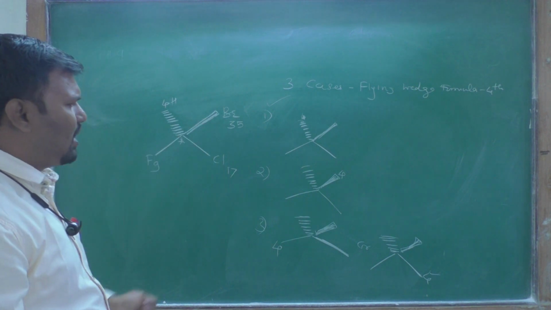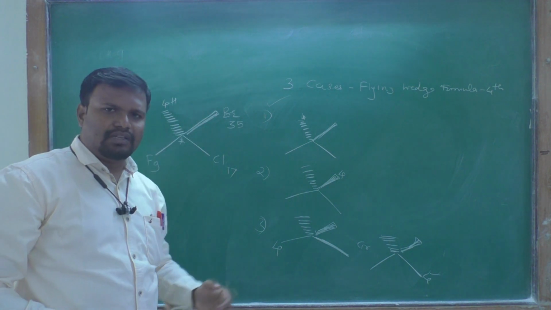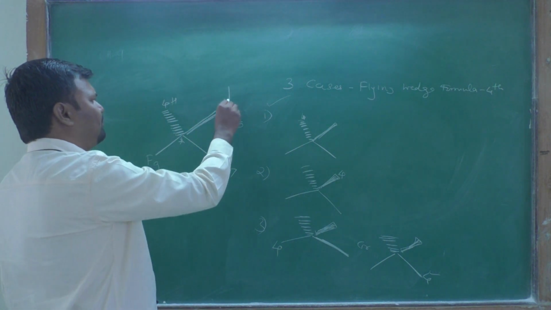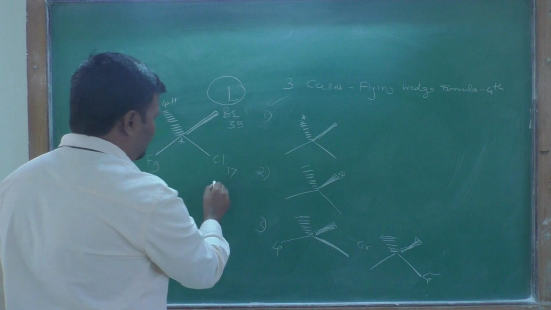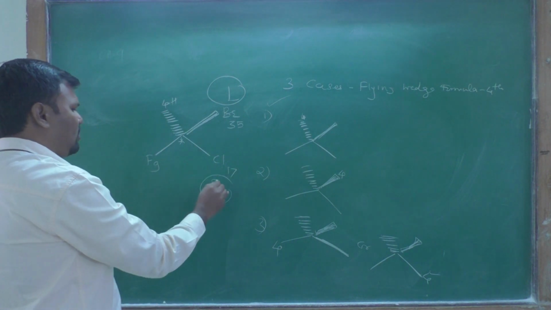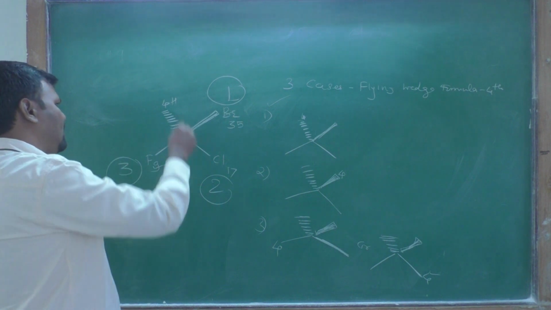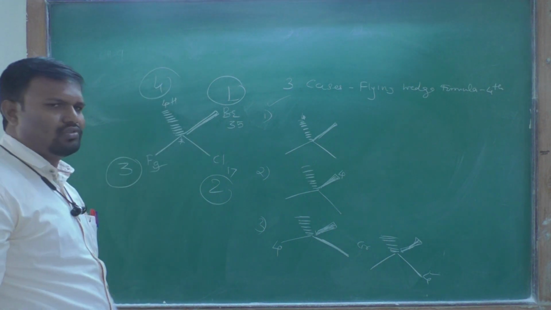Then according to the atomic number we can predict its priority. Bromine has 35, its priority should be 1. Then chlorine 17, its priority should be 2. Fluorine has atomic number 9, then its priority is 3, and fourth priority goes to the hydrogen.